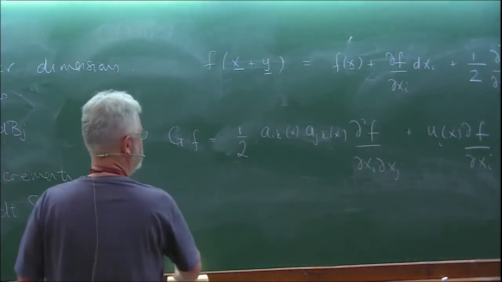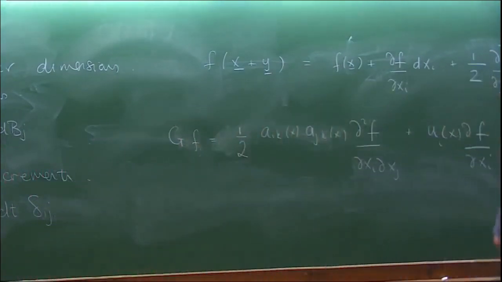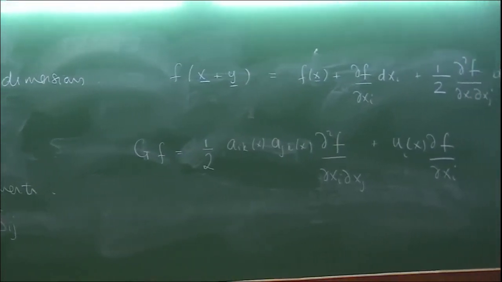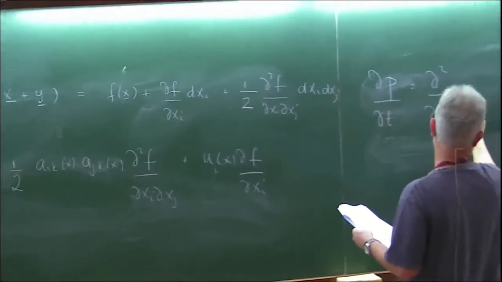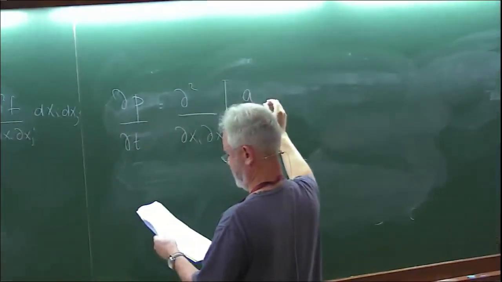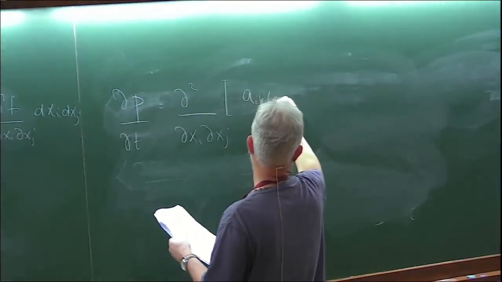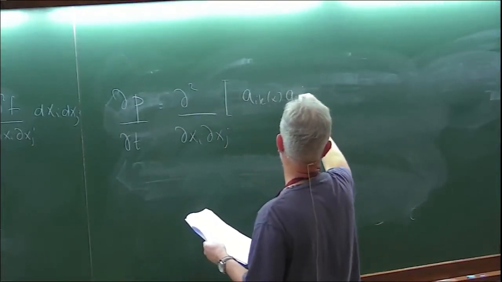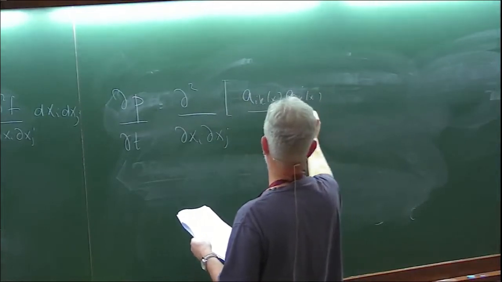And so you get the Fokker-Planck equation by calculating the adjoint. So the d-dimensional Fokker-Planck equation becomes dp by dt is equal to d2 by dx_i dx_j of a_ik a_jk divided by 2, times p.